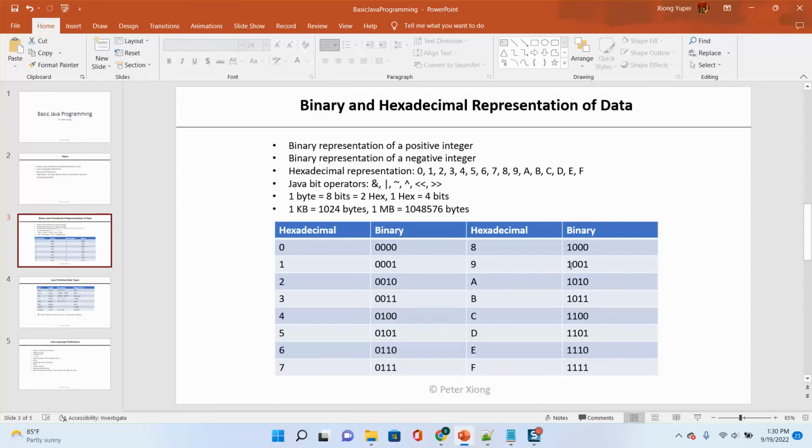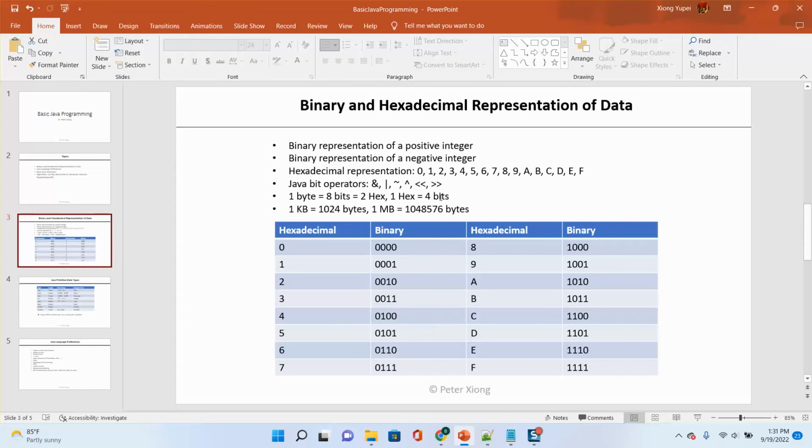Hexadecimal 9 is 1001. The next, there's no 10. If we want to use one digit, then we use A, B, C, D, E, F. So A is 1010, B is 1011, C is 1100, D is 1101, E is 1110, and F is 1111. Okay. If you use F plus 1, then we'll move to the high digit, which is 10.